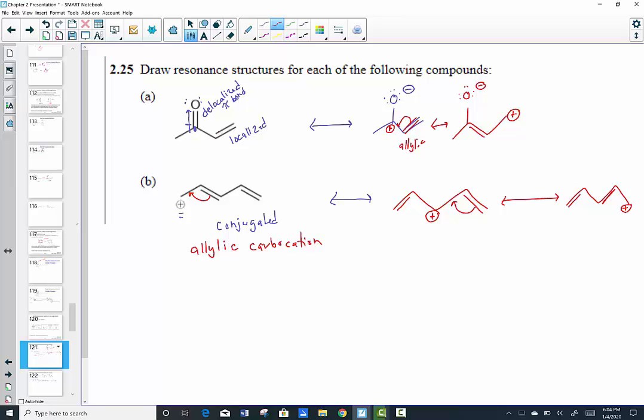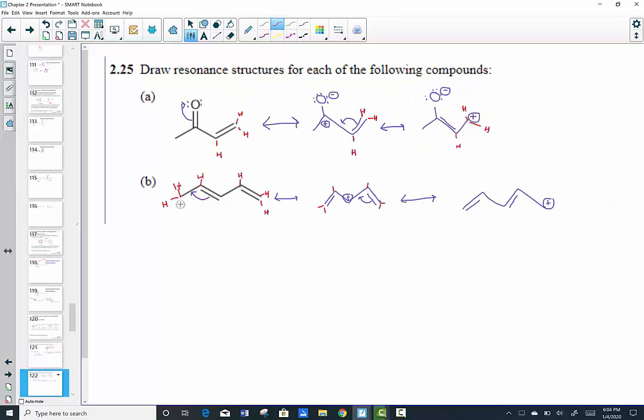The first structure didn't meet the criteria until I put a carbocation next to it, and now it's delocalized. This pi bond now meets the criteria of being delocalized because it's got a neighbor of a positive carbocation and therefore it can shift positions. So all 3 are valid resonance structures for both A and B, having 3 valid structures.